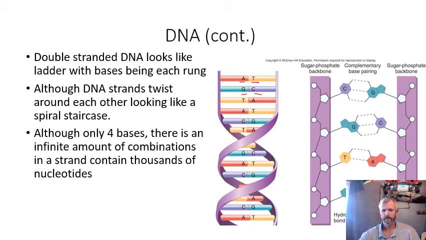Okay, this is like a spiral staircase almost. And although there are only 4 bases, we can make an almost infinite amount of combinations, and therefore we can have an almost infinite amount of proteins that we make. Many of the strands contain thousands of nucleotides.